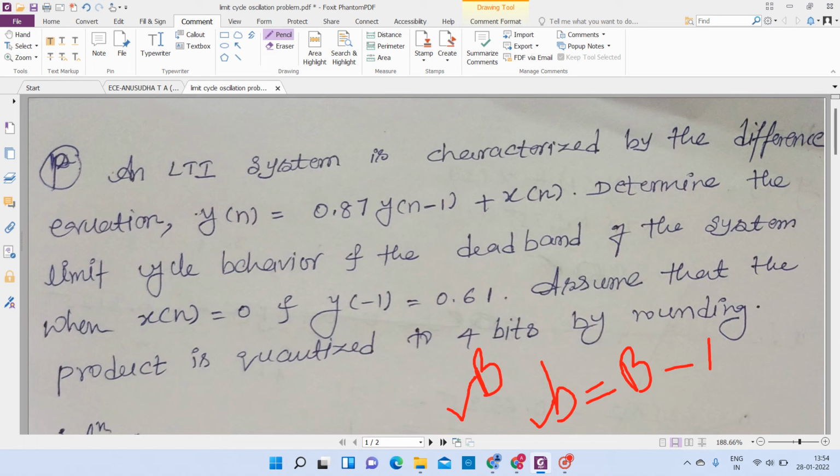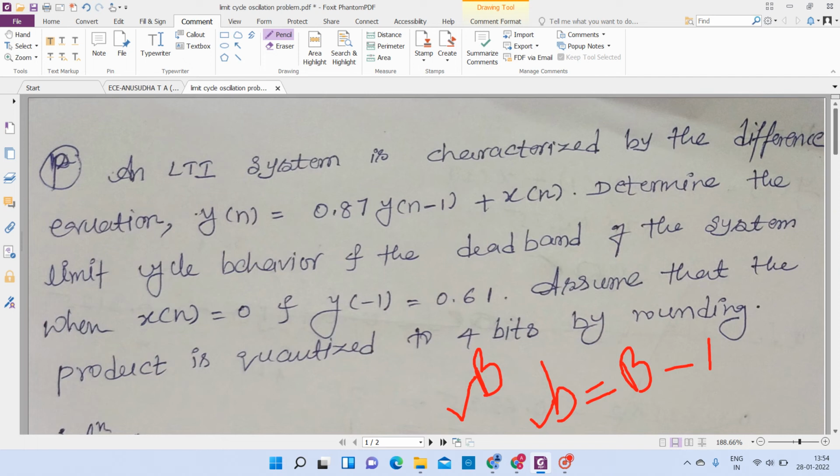Here we are considering capital B, so I am writing the deadband equation using capital B, the number of binary bits including the sign bit. So here my capital B is 4 bits. While doing quantization we have to round, so here we are rounding the bits to 4.